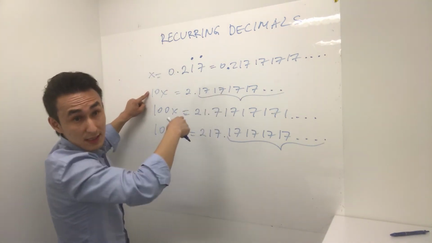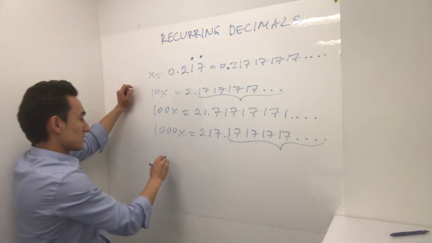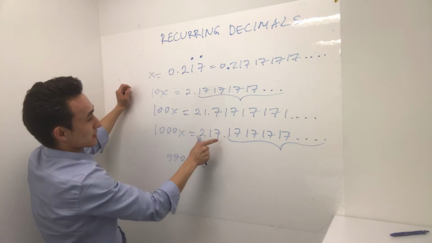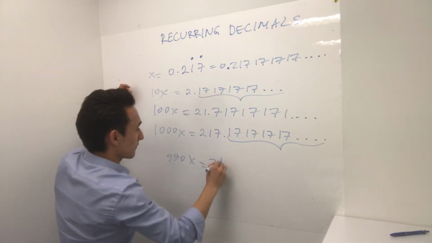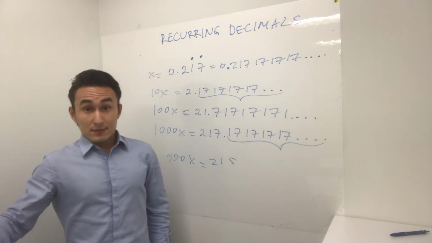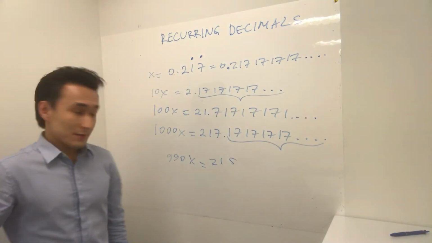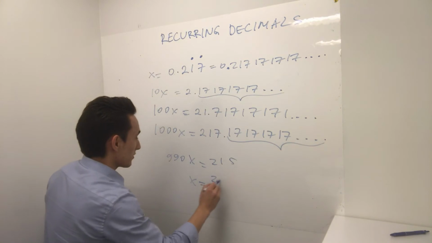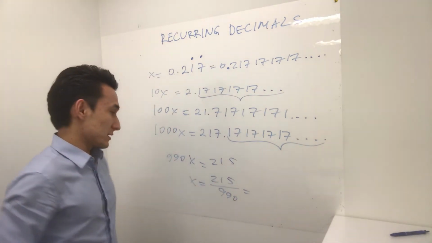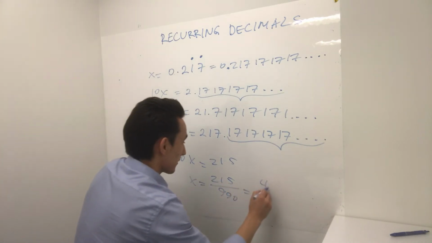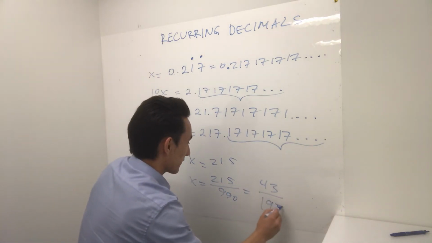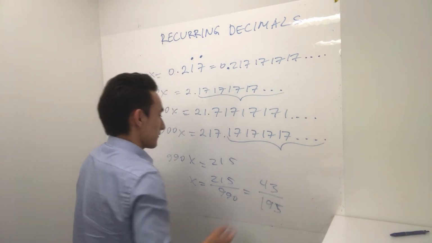So 1000x minus 10x is 990x, and 217 minus 2 is 215. Makes sense so far? The very last step, we're almost done: x is equal to 215 divided by 990. We simplify this by 5, it will be 43 divided by 198. This is the final answer.